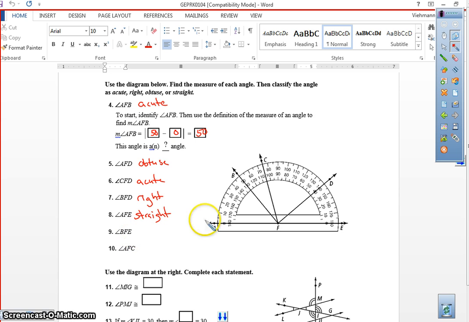All right, number 9, angle BFE. We can start here, rename that if we want to, EFB. So we can start at 0, work our way around inside here to 130 degrees, which is an obtuse angle.